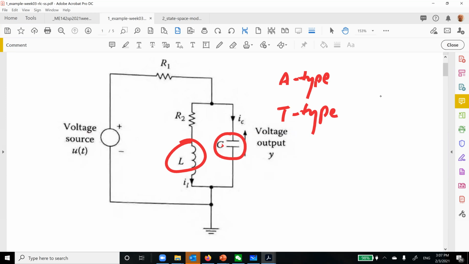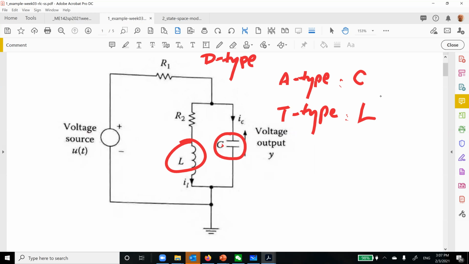So what is A type? It's A cross. What is T type? This is through variables. So this is my L, okay? And then what is the R? R is actually called D type, right? The dissipate, okay, dissipate.